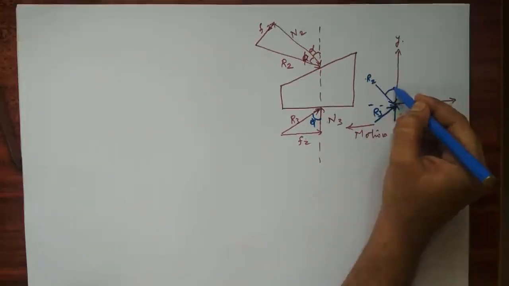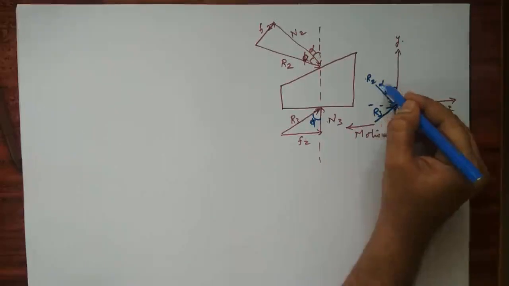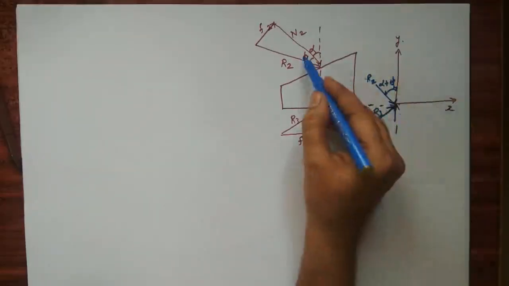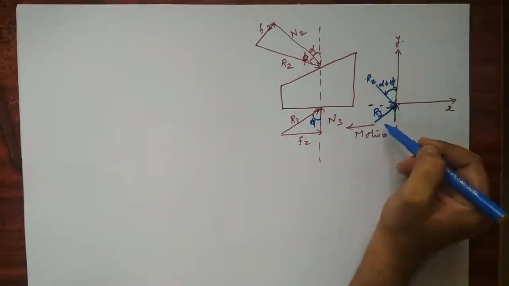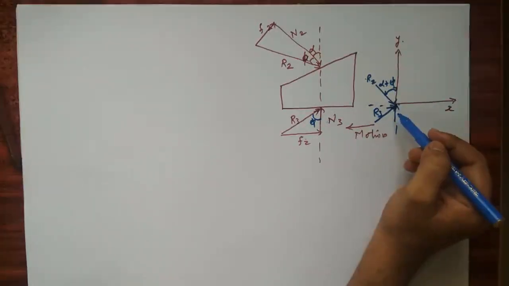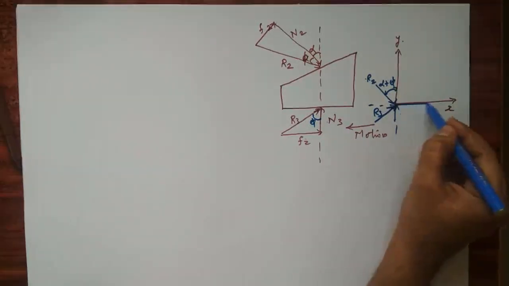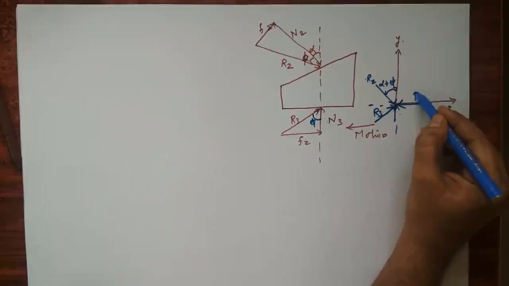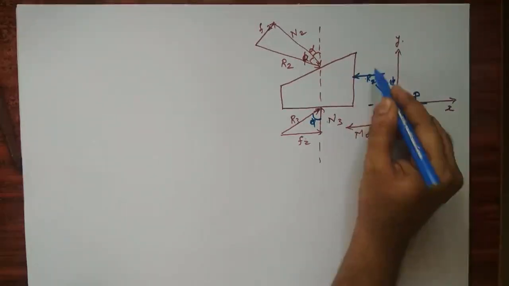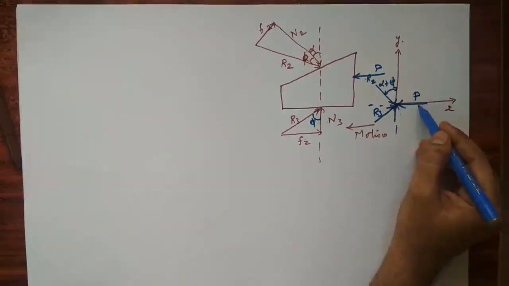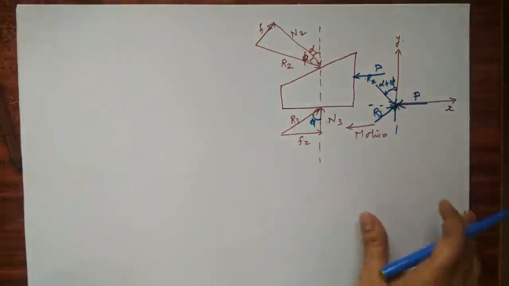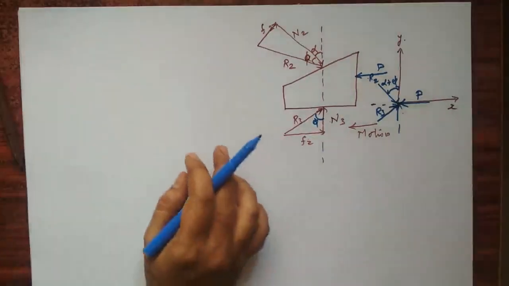So the total angle is here alpha plus phi. So this is R2 and R3. Only two resultant forces are there, and also there is a horizontal force P. So that P is acting here. So let me resolve these forces.